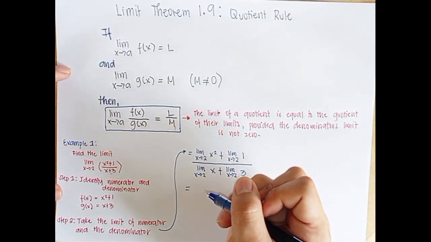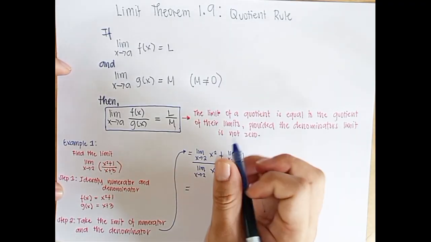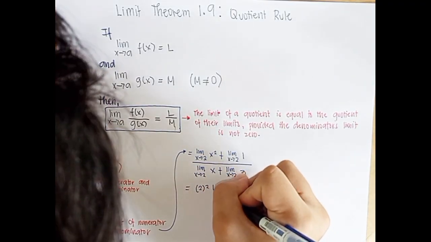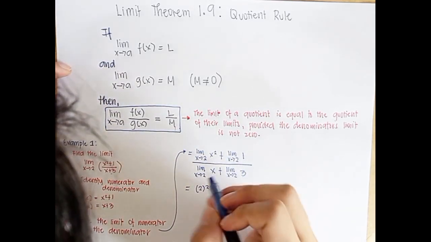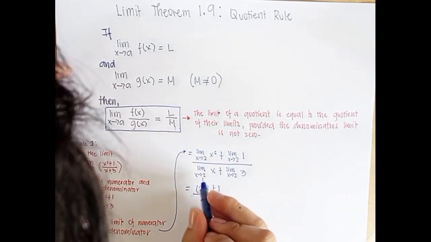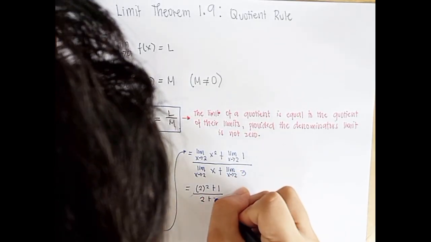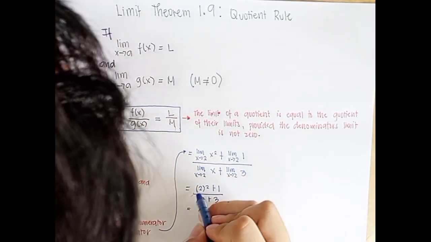Now we simplify by substituting the value of x. So this becomes 2 squared plus 1, because 1 doesn't have any x, over 2 plus 3.